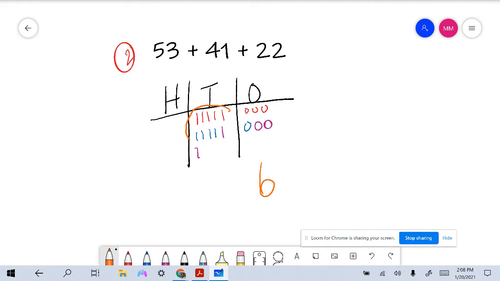I'll circle that so that I know I need to move that 100 over. That leaves me with 1 10 left over and 1 in the hundreds place. My answer for 53 plus 41 plus 22 is 116.